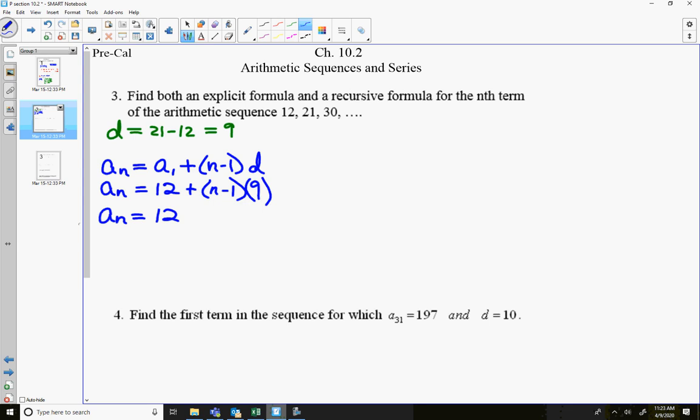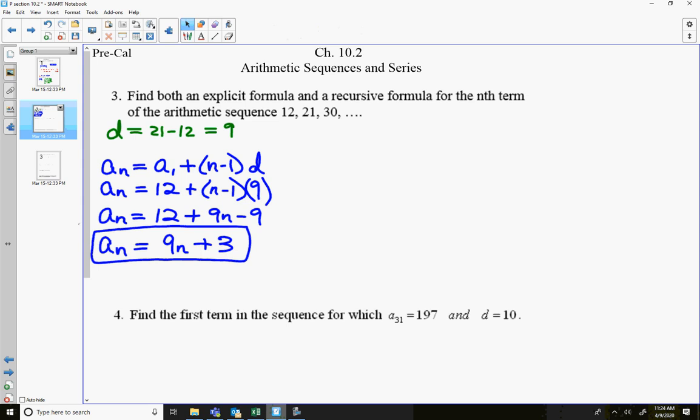I'm going to distribute that 9 throughout the parentheses. Just cleaning all of this up, we should end up with the nth term being 9n plus 3. All right, that is the explicit formula.